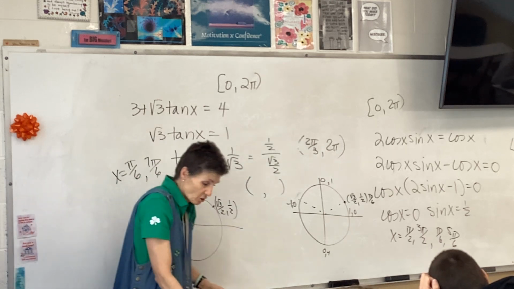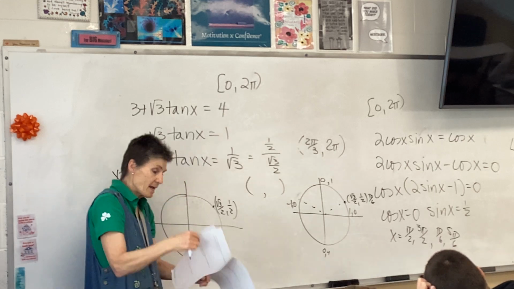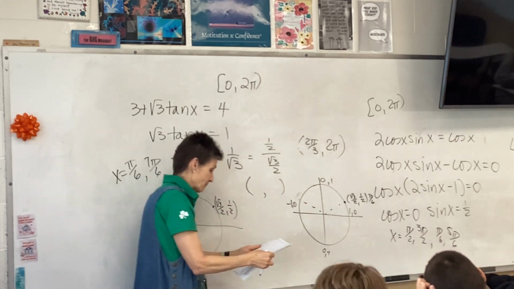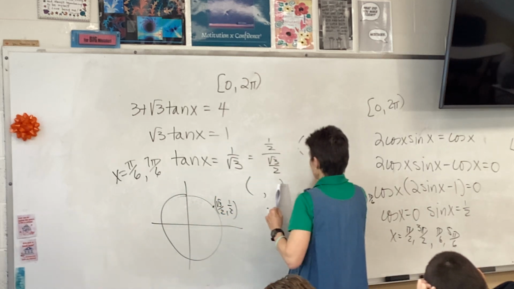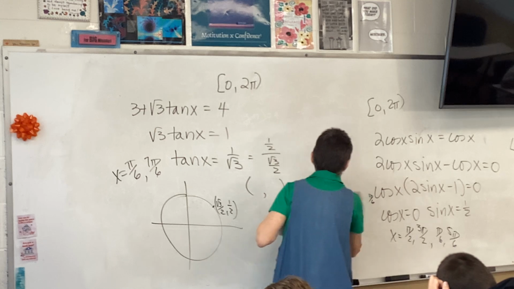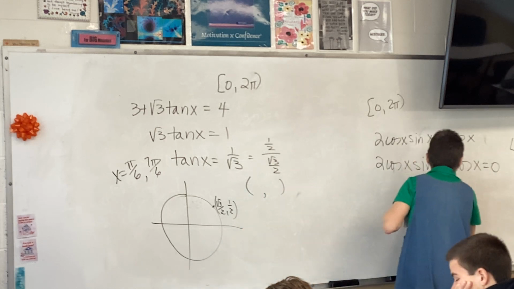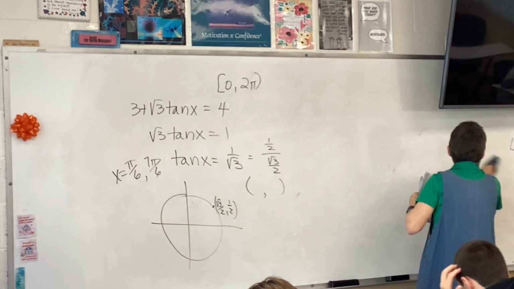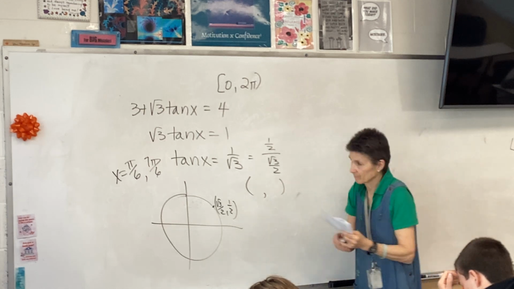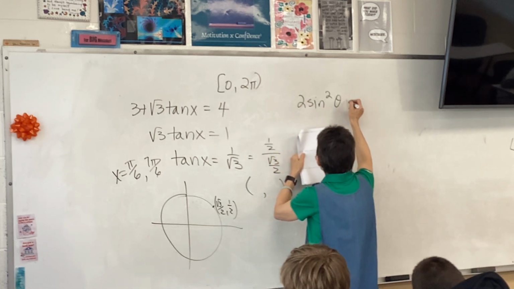All right, let's go to the back page, number 5. The handwritten number 5. And does anyone have a thought on this one? Factor. All right, so we're going to factor it.